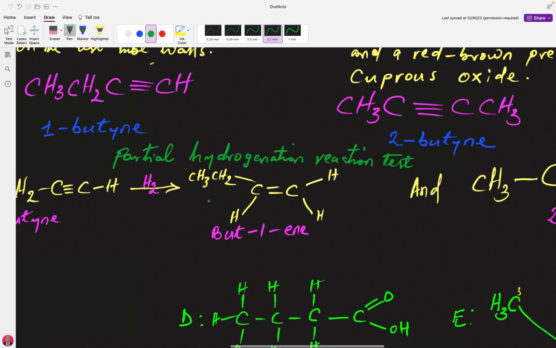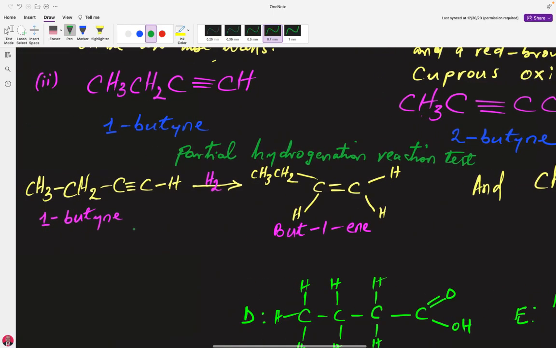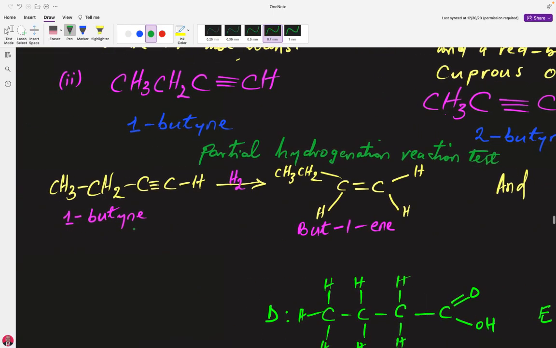So for 1-butyne and 2-butyne, the test is the partial hydrogenation reaction test. Reacting 1-butyne and 2-butyne with 1 mole of hydrogen, that is a hydrogen molecule, is going to produce an alkene. 1-butyne will produce a terminal alkene.